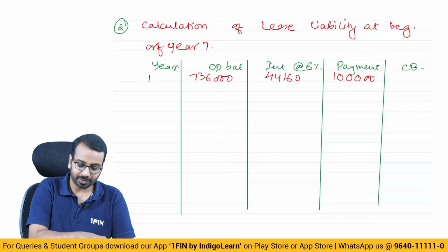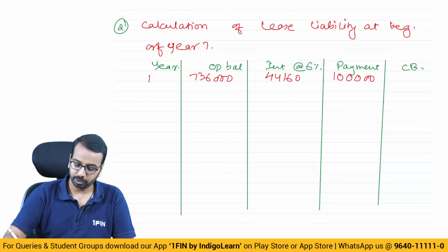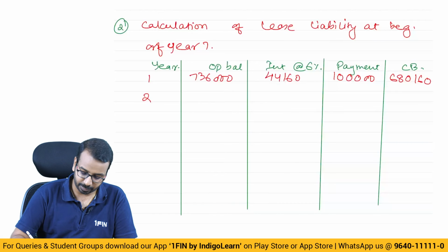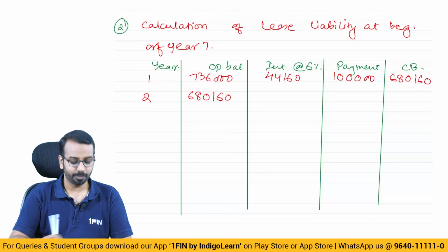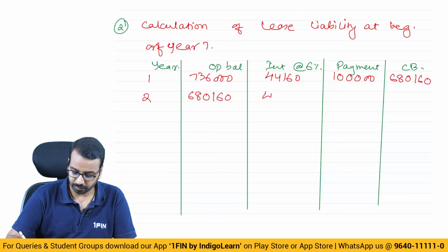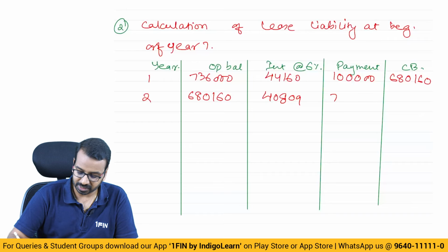So, what you do? You have computed 7,36,000 plus 6% interest minus 1 lakh, you get 680,160. Then that becomes the opening balance for year 2, 680,160 into 6%, 40,809. 40,809 plus is 720,969.